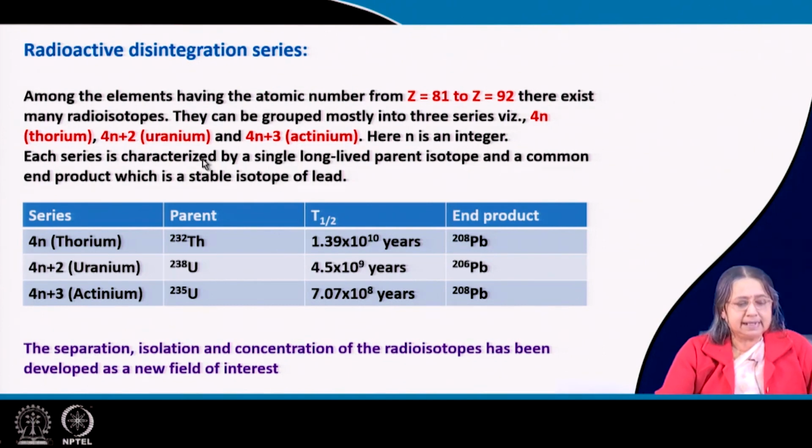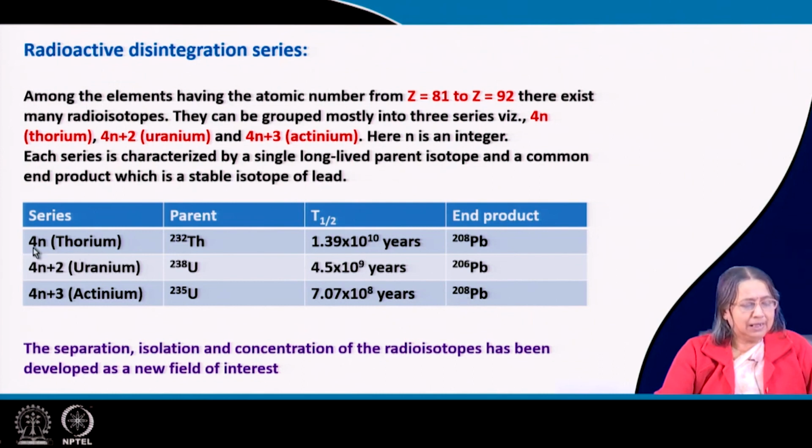Each series is characterized by a single long lived parent isotope and a common end product, which is a stable isotope of lead. So, the end product for all the series is lead, but you can see here that they are isotopes of lead. In this case 208, that is the mass number, and here it is 206 and here it is 208.